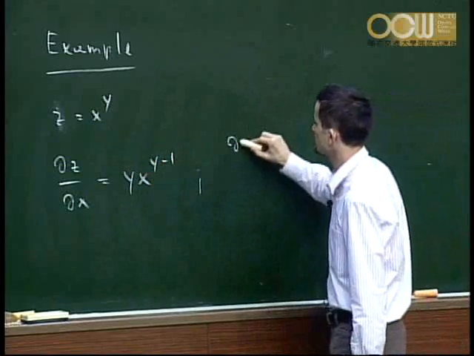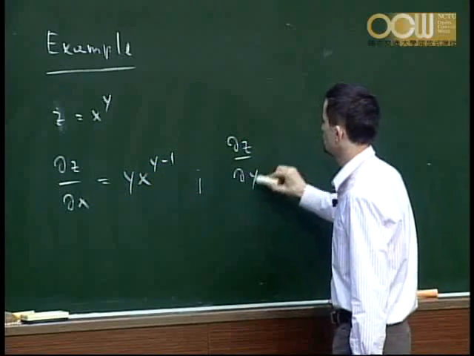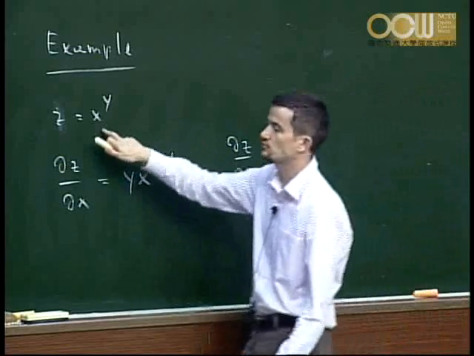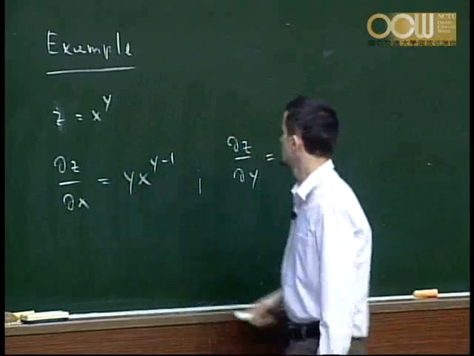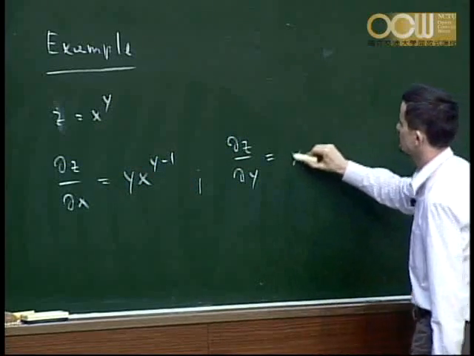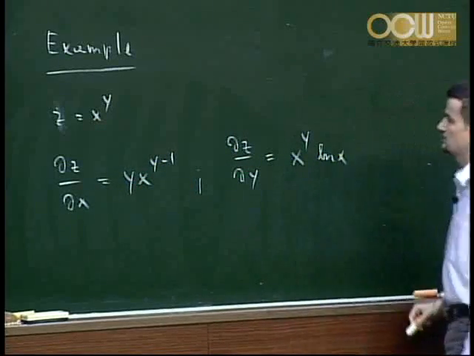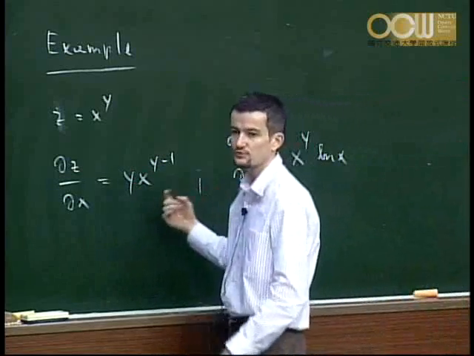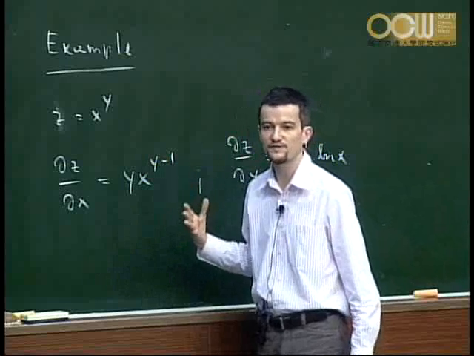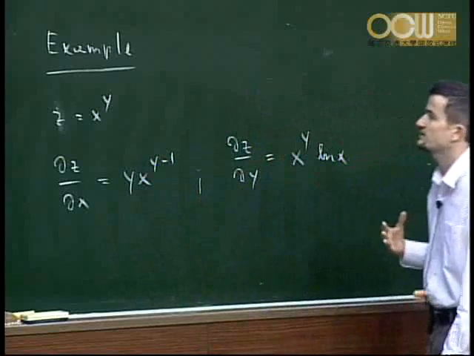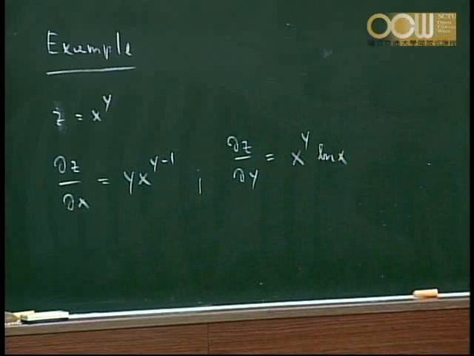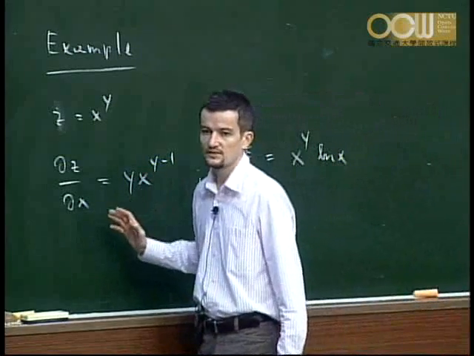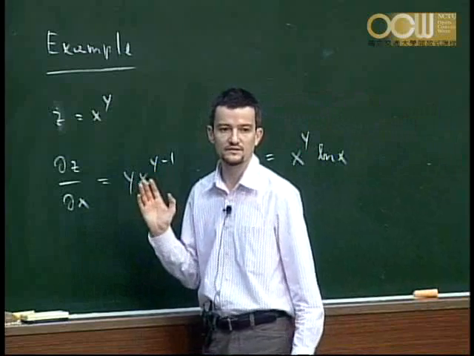Or if you compute the partial derivative with respect to y, now x is the constant, so this is like a function like 2 to the x. So in this case, you have x to the y ln x. And you can interpret them once more either as rate of change if you keep one of the variables fixed, or as the slope of the cross sections at the point (x, y, z).